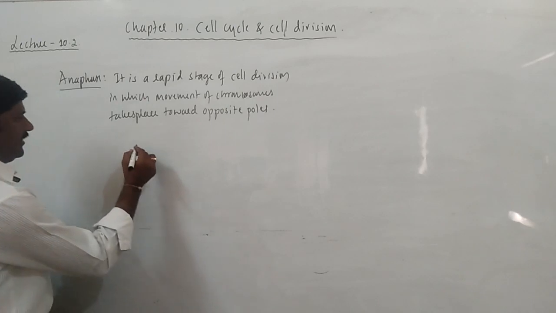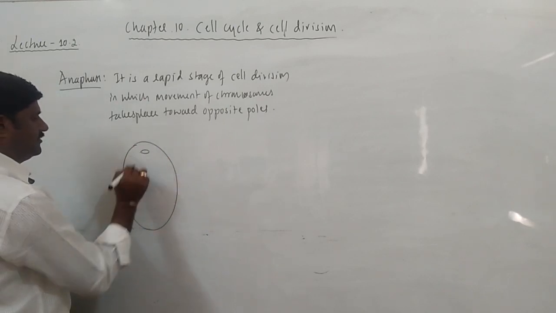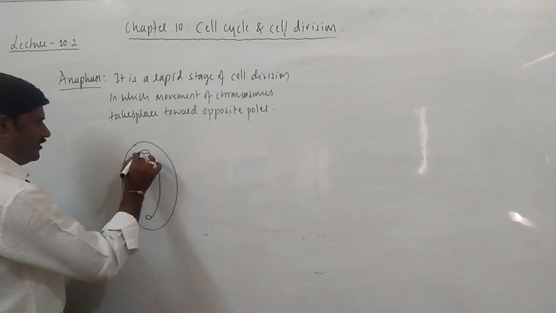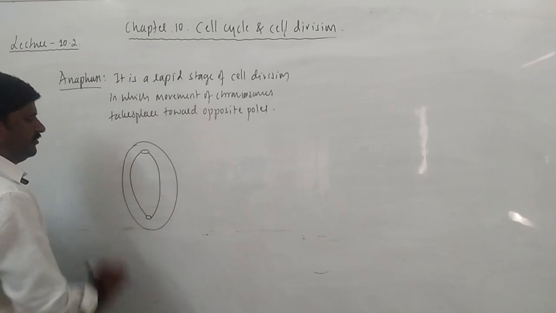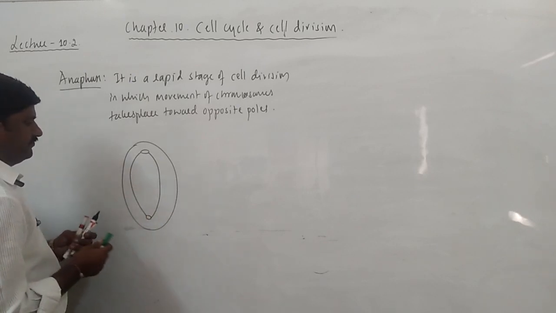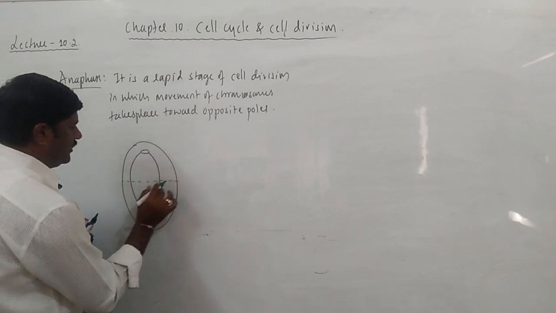See, what happens here is, already the chromosomes are hanging on the spindle fibers. This is one spindle fiber, this is another spindle fiber, to which the chromosomes are attached. Now all are lying in the equatorial line.